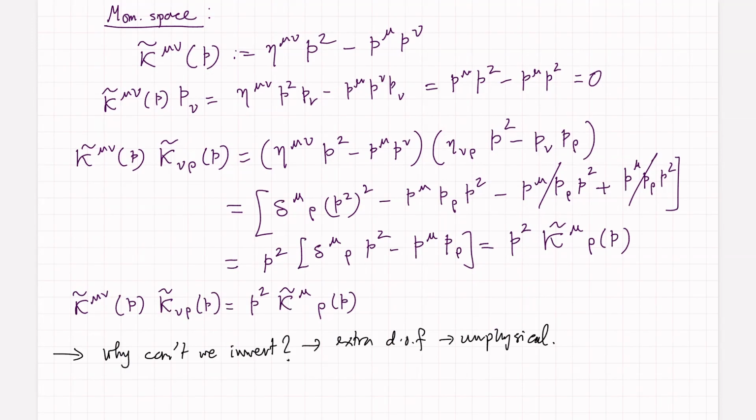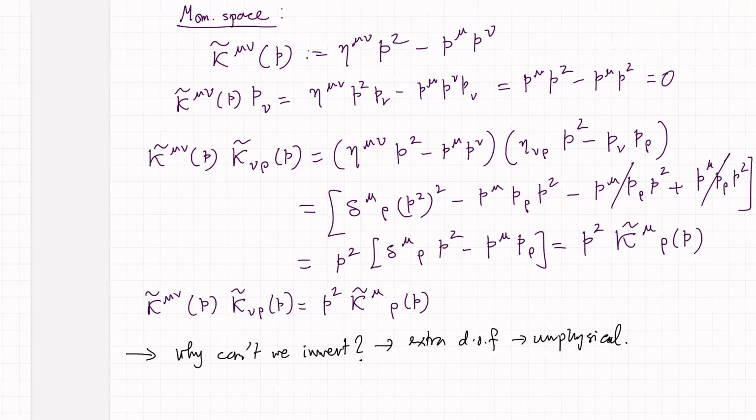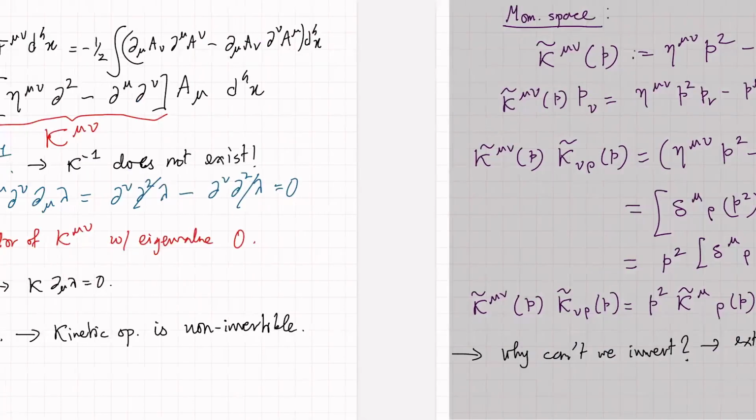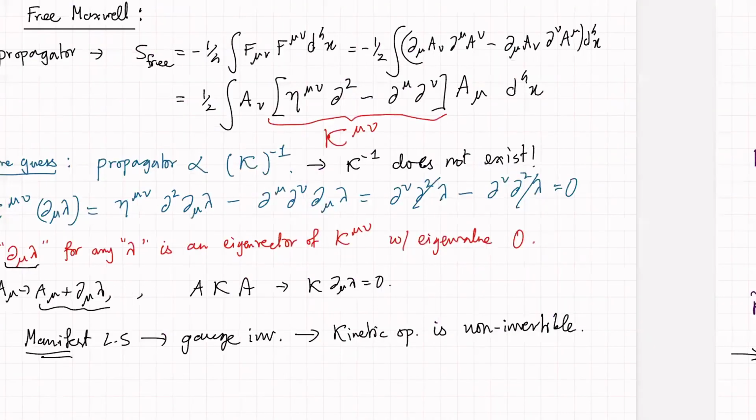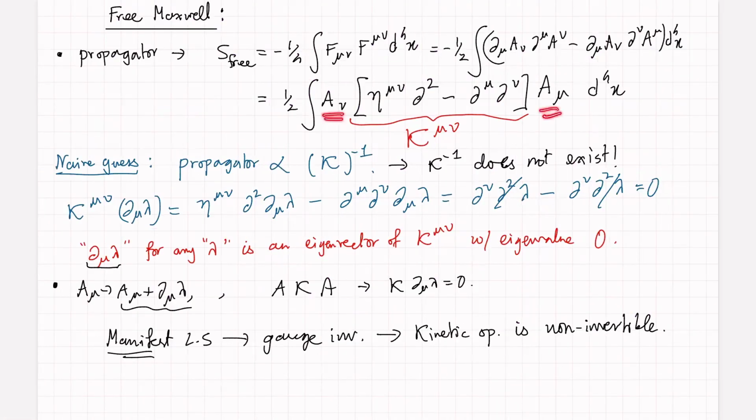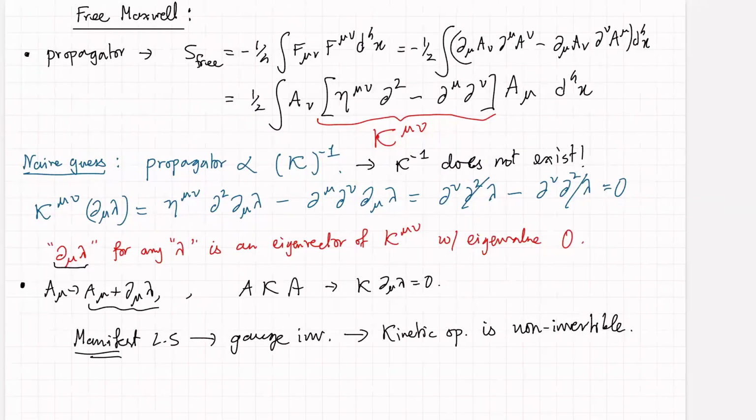If you could invert this, it would have implied that there is a propagator between all components of A. But we just argued that physically A cannot have all physical components. So some of these A's are unphysical, and there should not be any quantum propagator between them. We have to find a way to get rid of those extra guys first, get to the things which are only the physical degrees of freedom, and then look at the propagator. And then everything will work out.